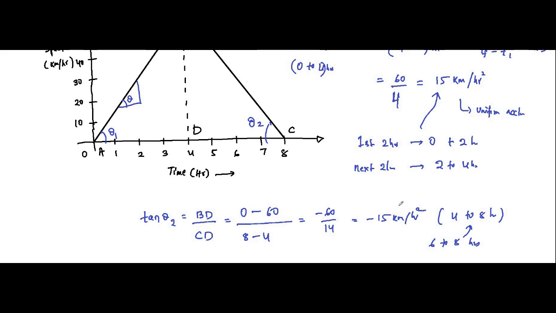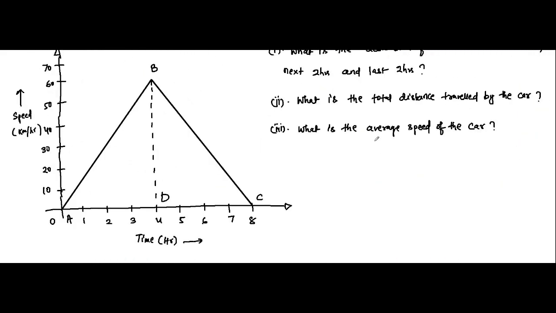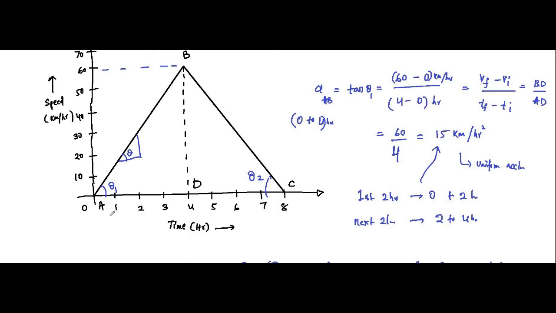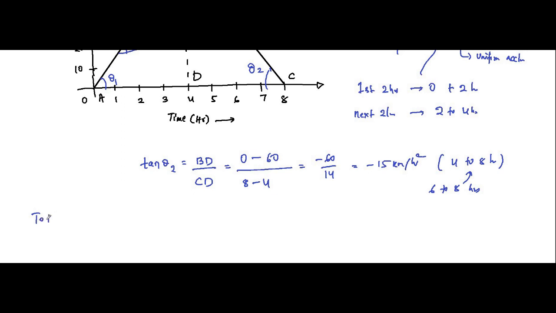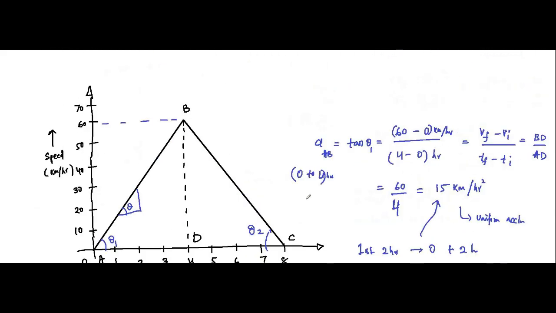Then we have to determine the total distance traveled by the car. The total distance traveled by the car is the area under the graph, the area of triangle ABC, which is equal to 1/2 into AC, the base, into BD, the height. That is 1/2 into AC, which is 8 hours, into BD, which is 60 kilometer per hour.